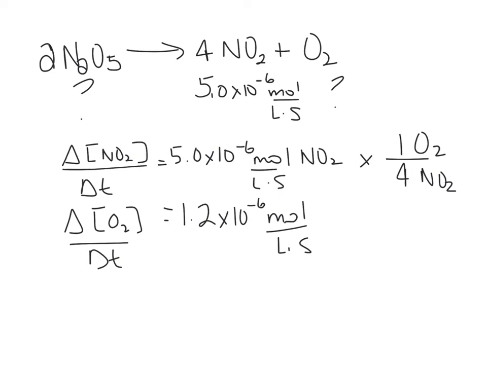Times it by 1/4 to figure out how much oxygen, because 4 NO2s are produced for every 1 oxygen.